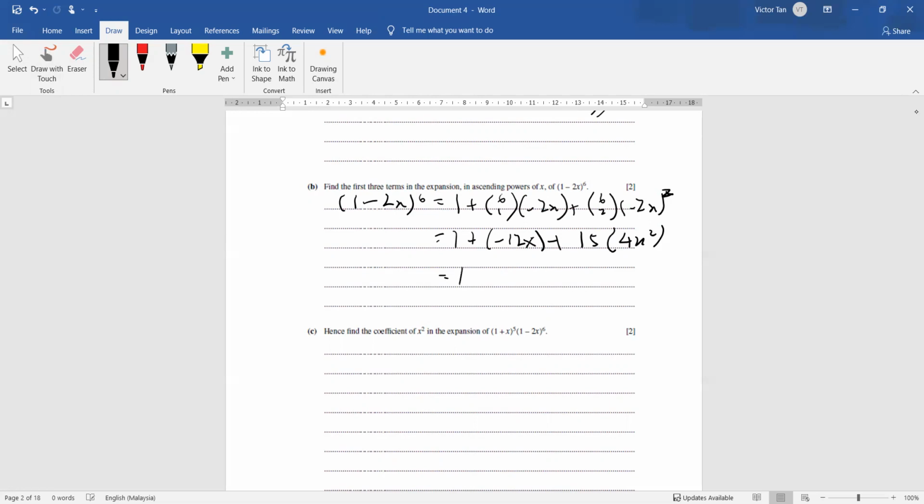Okay, and the answer is 1 minus 12x, 15 times 4 is 60, plus 60x squared.